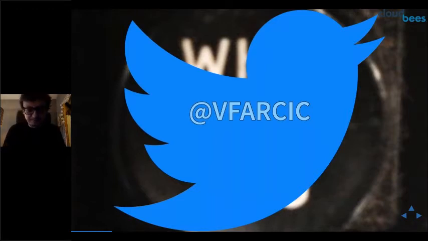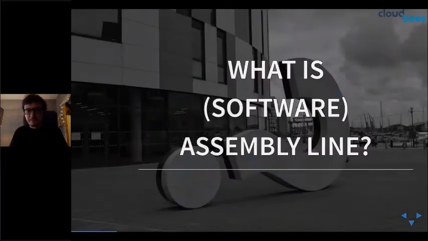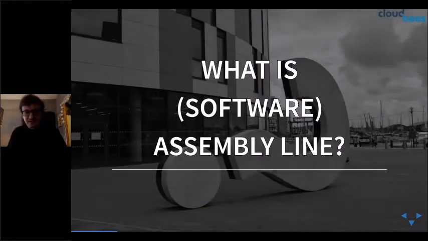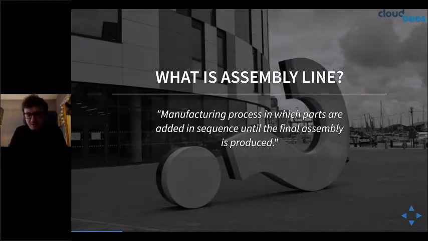So jumping straight into the presentation, what is an assembly line or a software assembly line? I think those two terms are getting mixed quite often. If you look at the definition of an assembly line, the type of line you can apply to a Ford factory, the case that is often used, it is a manufacturing process in which parts are added in sequence until the final assembly is produced.